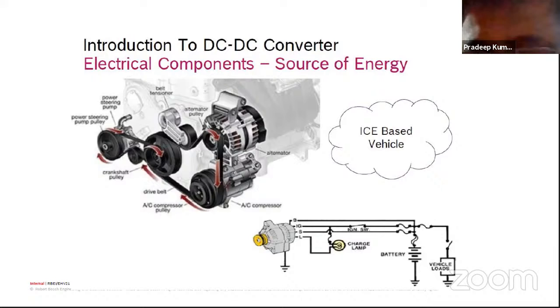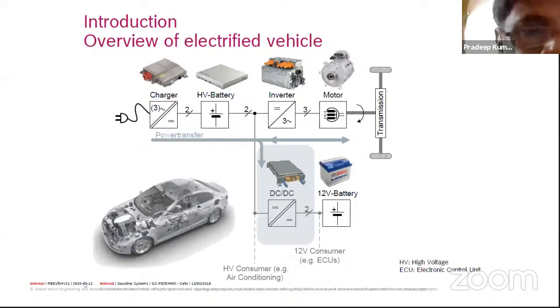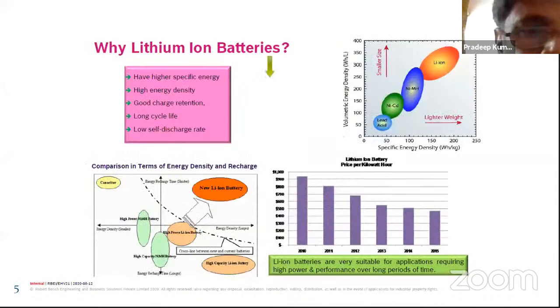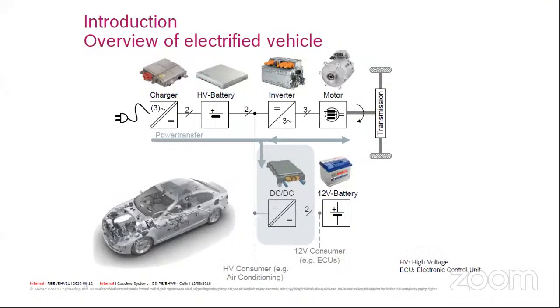So now coming to the fuel cell. Fuel cell today is very costly. For example, a typical fuel cell equivalent to the 24 kilowatt hour battery you have seen in our example vehicle, the Audi.